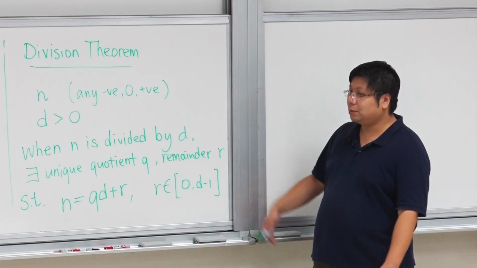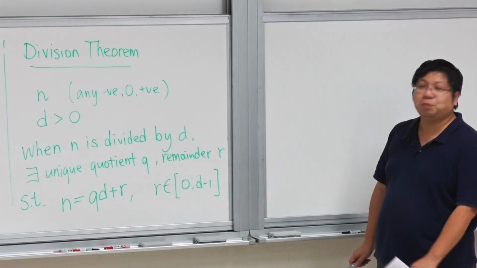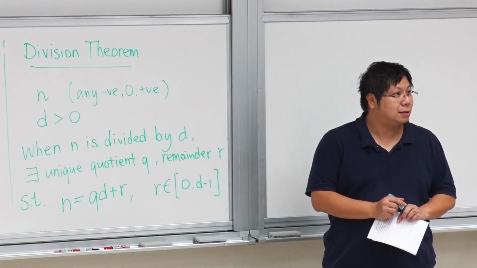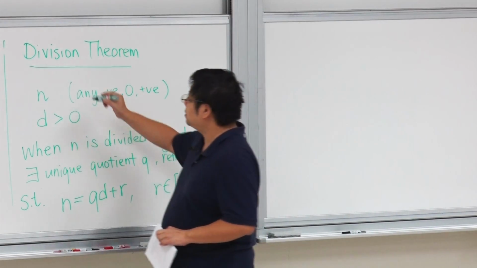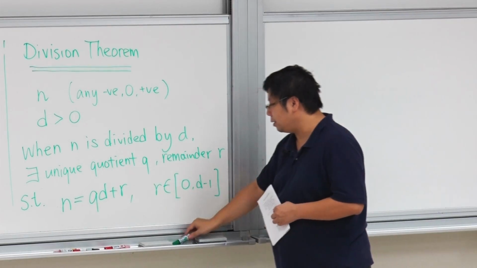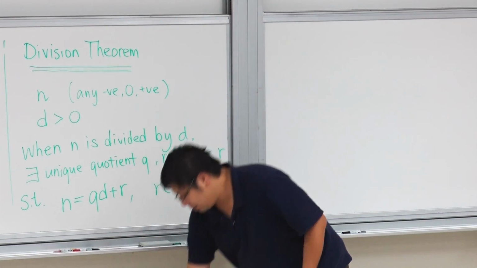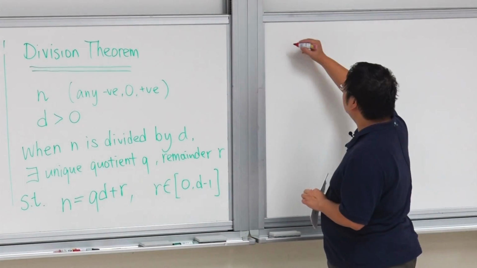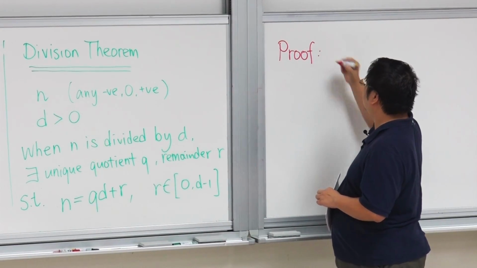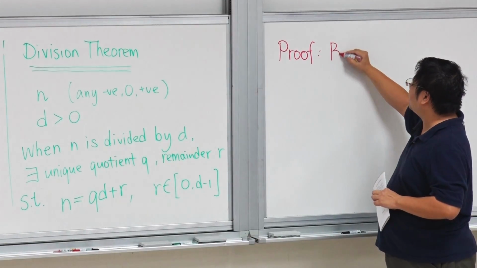Even though this is a super simple theorem that we all know should be correct, let us still prove it. The proof is by induction. So we're going to prove it by induction.